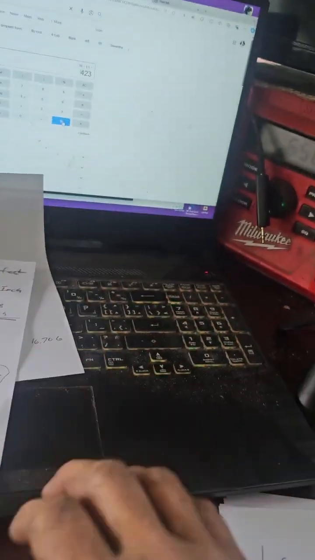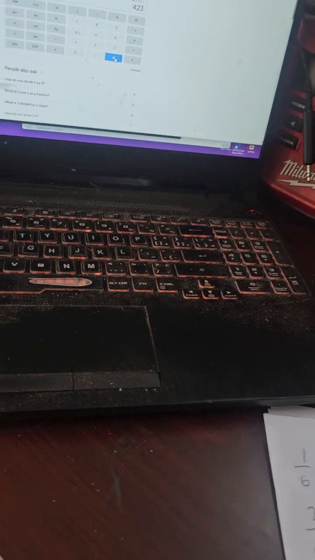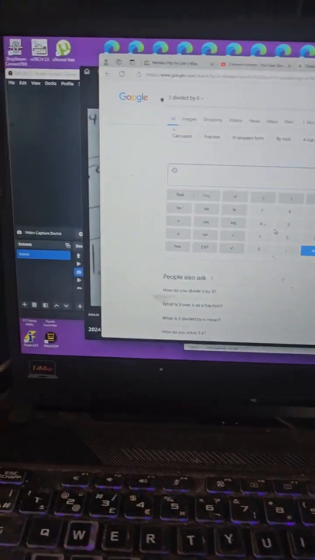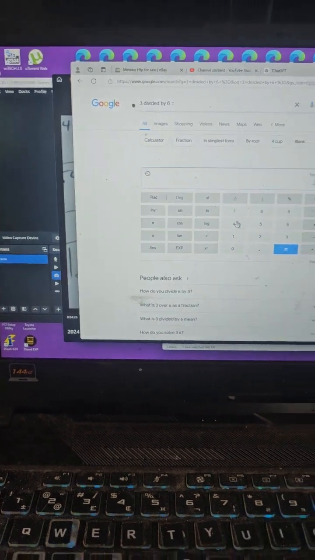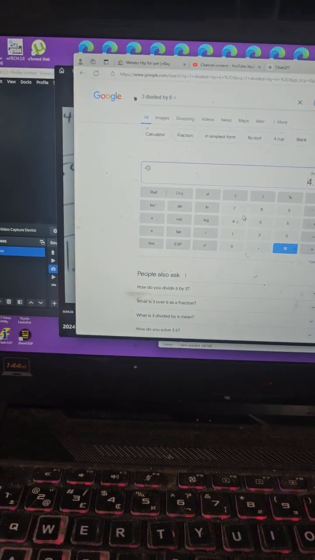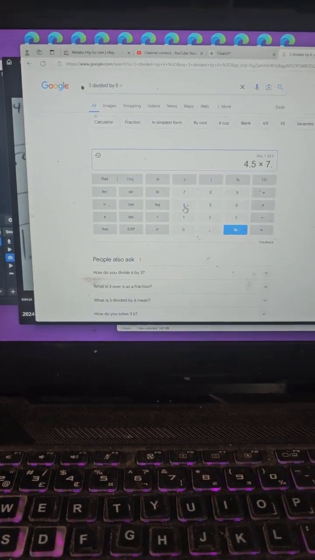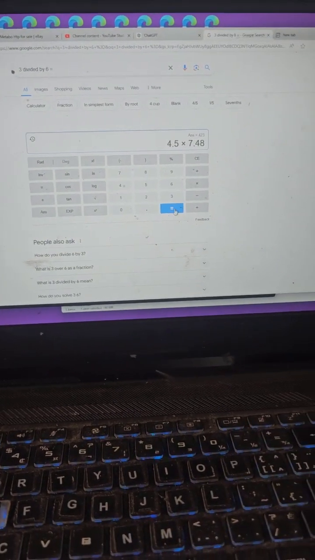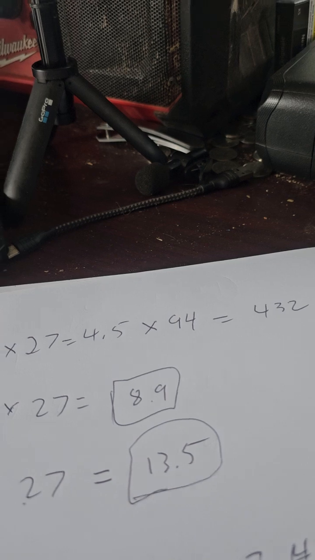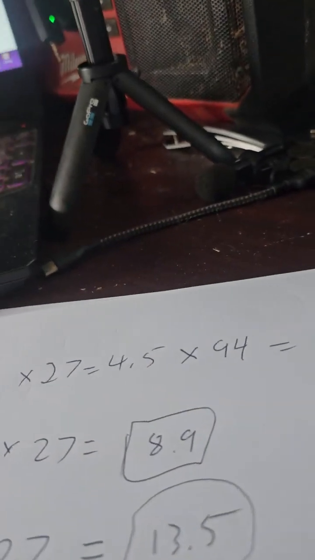I haven't figured this one out yet, so let's use a calculator. 4.5 times 7.48 equals 33.66, or we can round it up to 34 gallons.